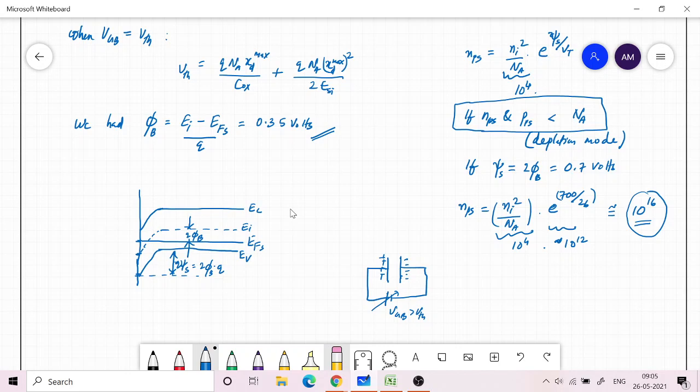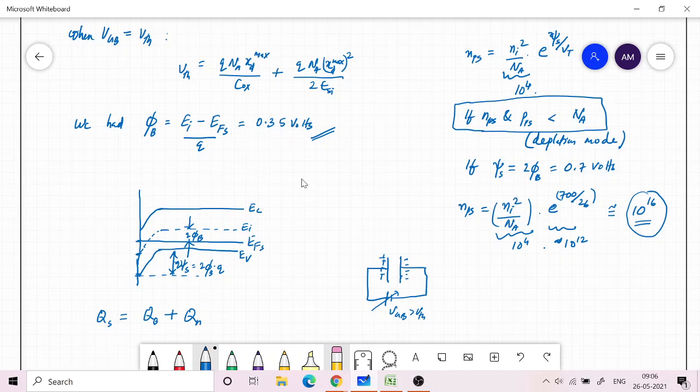If I write the negative charge in the semiconductor per unit area as QS, that was majorly due to QB in the depletion mode. There were some electrons in the depletion mode, which were relatively much smaller in number, so we neglected them.